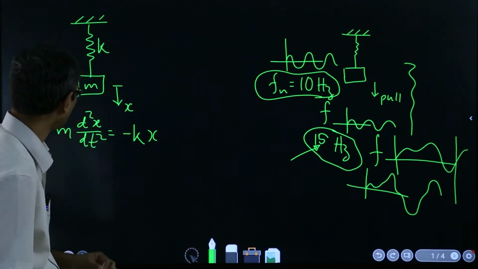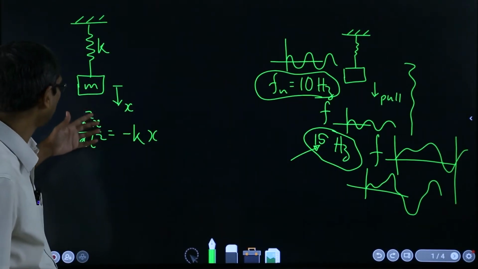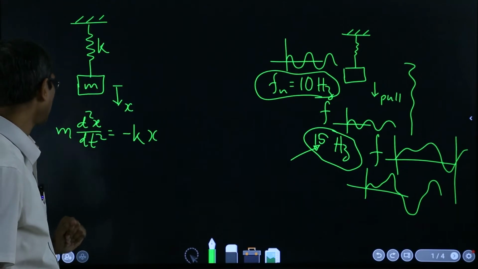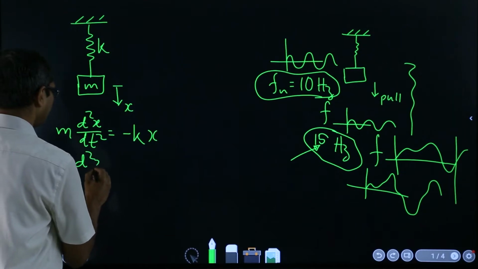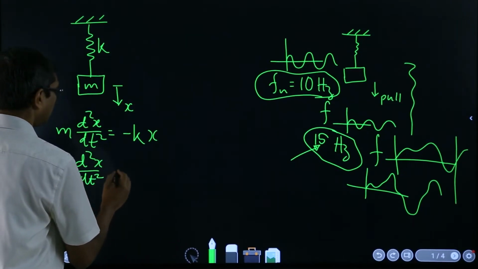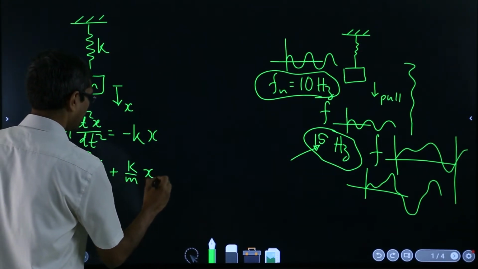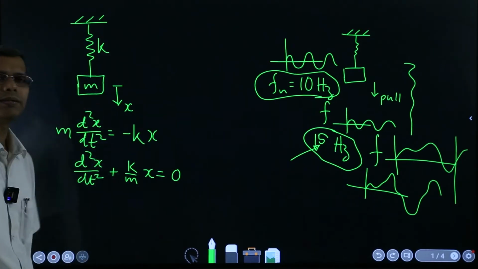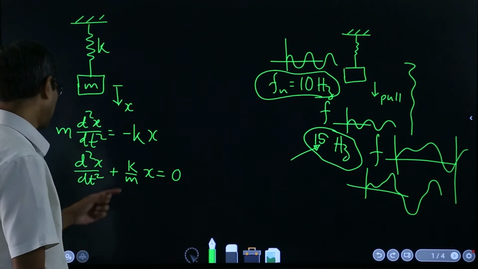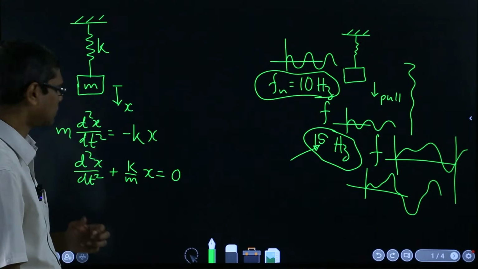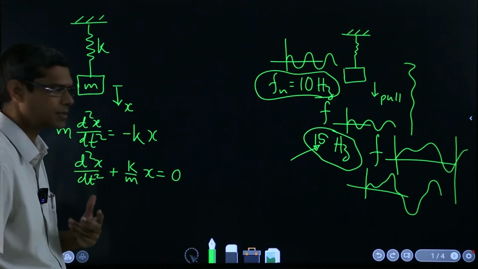So that is the equation which governs this, the simplest equation you can think of. And here you can in fact write this as d square x over dt square plus k over m times x equals 0. Just note that this stiffness can never be negative and this m can never be negative, because both are physical quantities, they have to be positive, mass and stiffness.